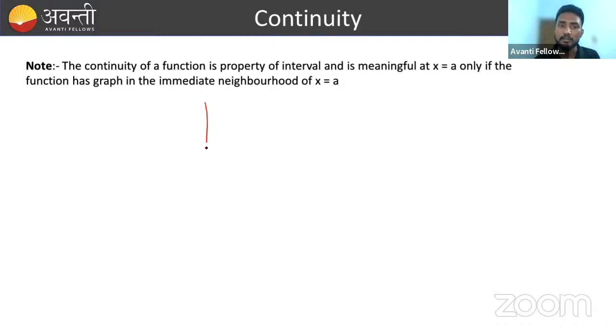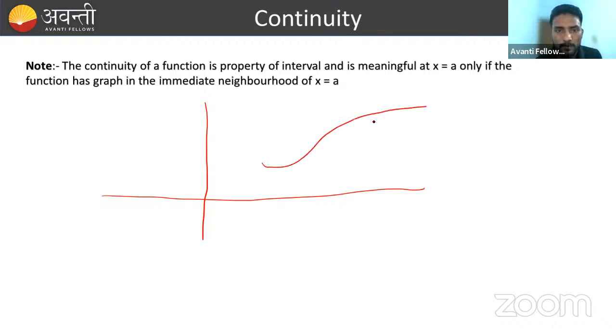It means what? Suppose I am saying that at a you have to find whether the function is continuous or not. If I have defined the function in an interval, you can see on the left hand side there is no graph, right?